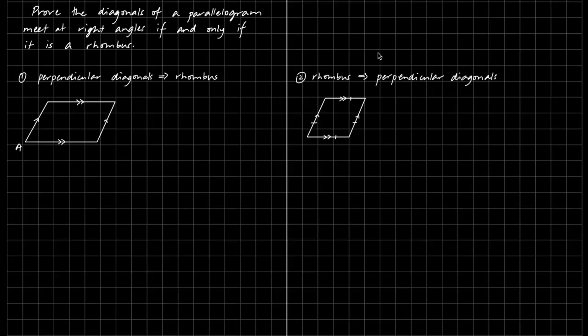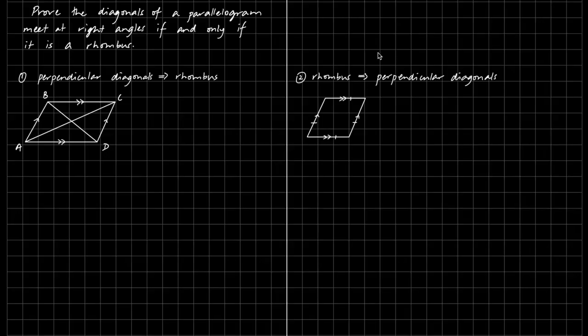And I'm going to label my parallelogram ABCD, and let's add some diagonals here. So we've got a parallelogram. We are going to start with the fact that those diagonals are perpendicular to each other, and we're going to show that that means that it must be a rhombus.